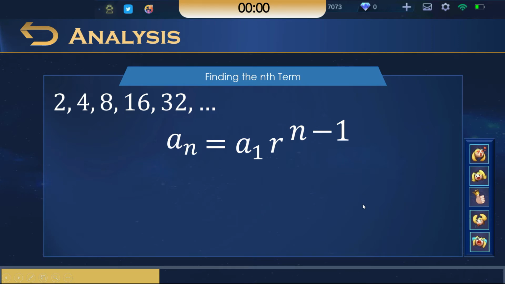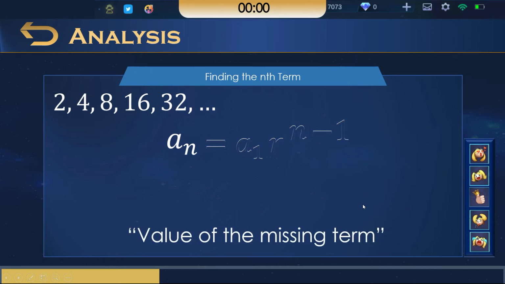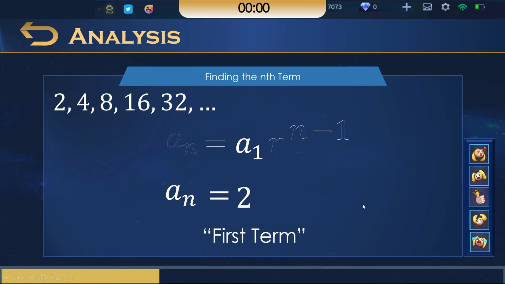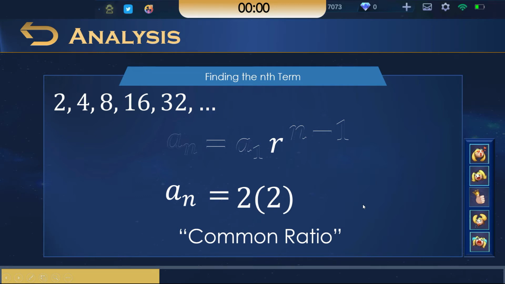Okay, so let us take a look at those variables that we are looking for. We have the a sub n, which is the missing term. Since we are looking for the nth term, we still have the a sub n. The next thing that we are looking for is the a sub 1, or the first term of the given sequence, and in here, we have 2. For the common ratio, as we all know, the common ratio of this sequence is 2.